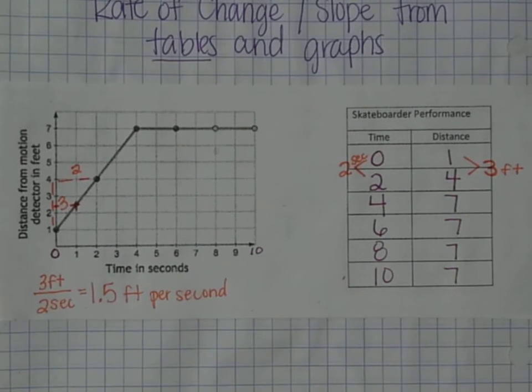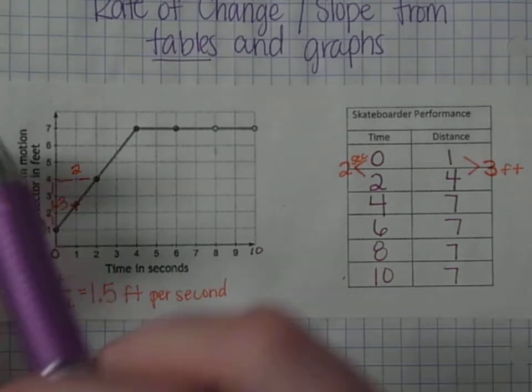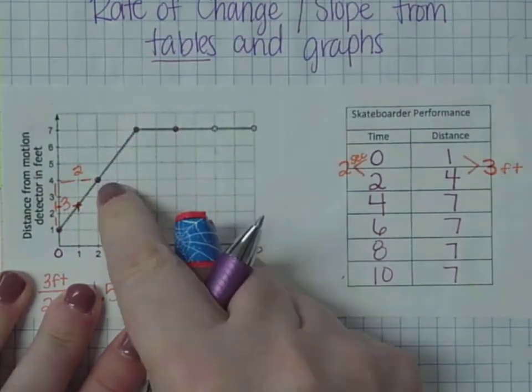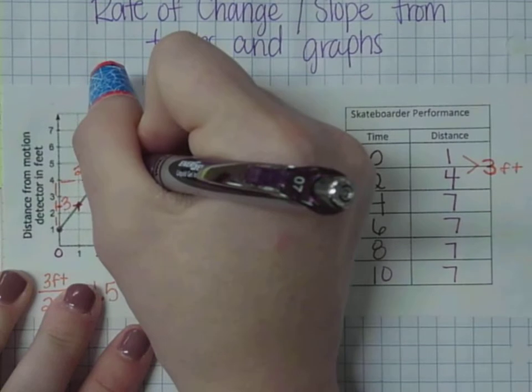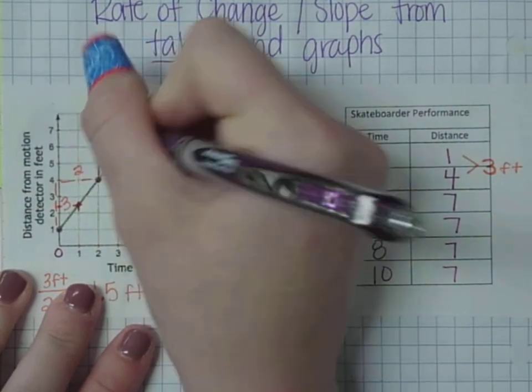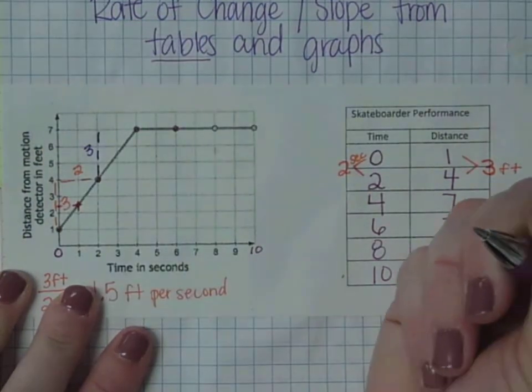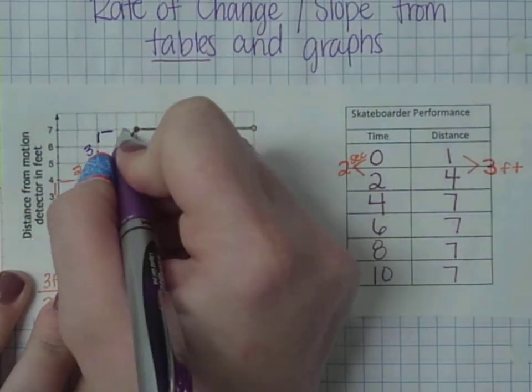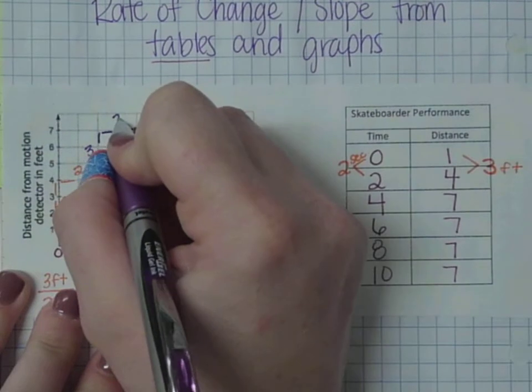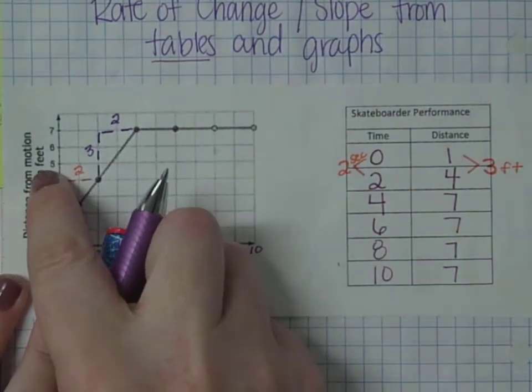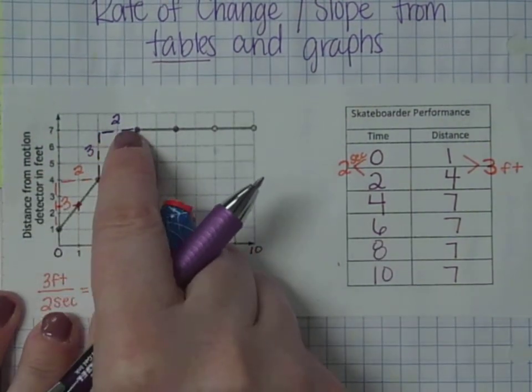Okay, let's do the next set of points. So we're going from this point to this point, so it's up 1, 2, 3 again, and then it's over 1, 2. So it moved 3 feet in 2 seconds.